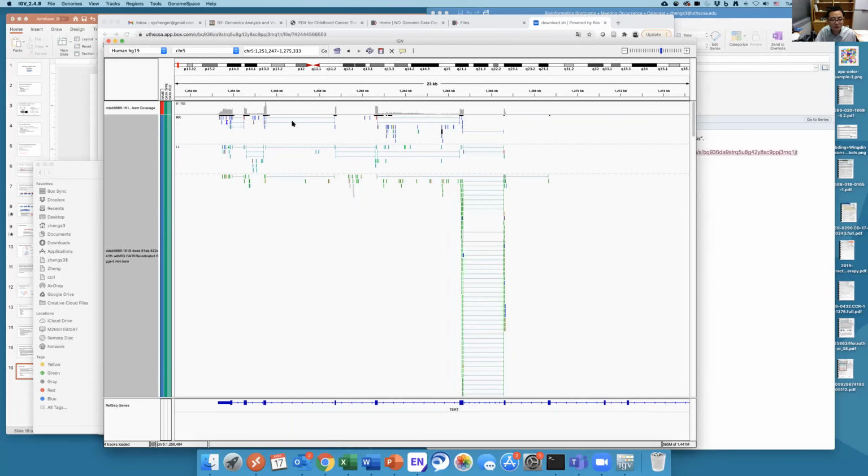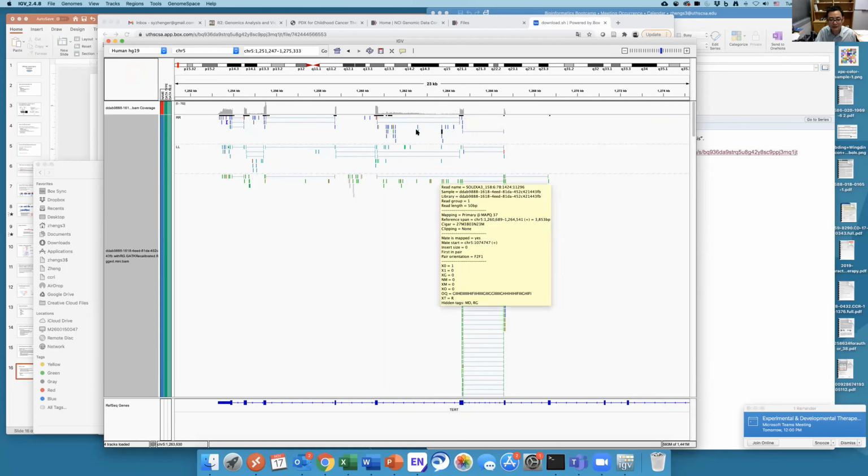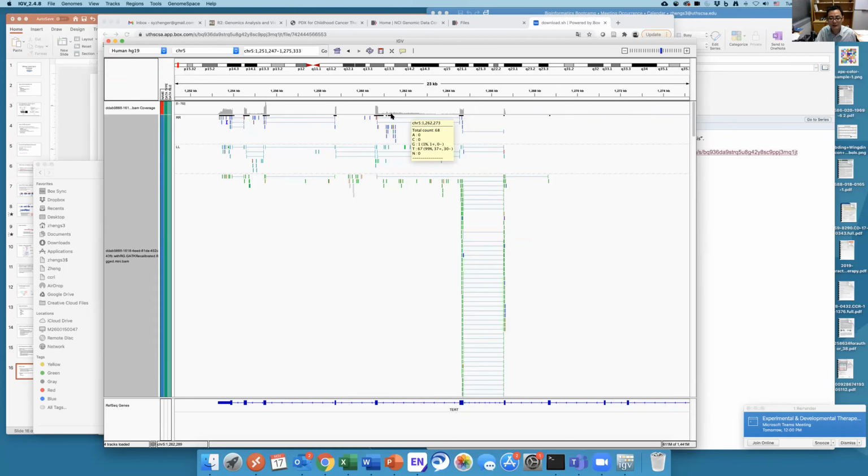Even though sometimes you see spontaneous alignment of reads to the intronic regions, if you look at the overall coverage of this RNA-seq, you can see the major coverage is on top of the exons, but not in the intronic regions. The intronic regions pretty much look like noise from the alignment.